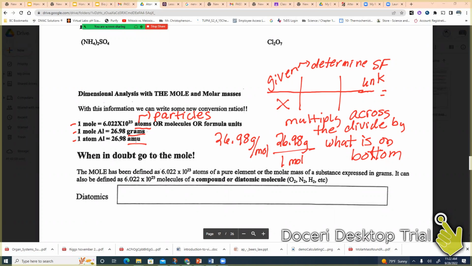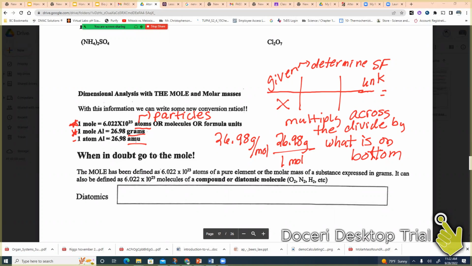The 1 is always going to go with the mole, and the number, whatever you calculate or get off the periodic table, is always going to go with the grams. And then the last one we talked about in that special unit, AMU, atomic mass units. If we are using that measurement, we can figure out the mass of 1 atom in AMUs. That one we really don't use too much. So we're going to be using Avogadro's number and molar mass a lot.